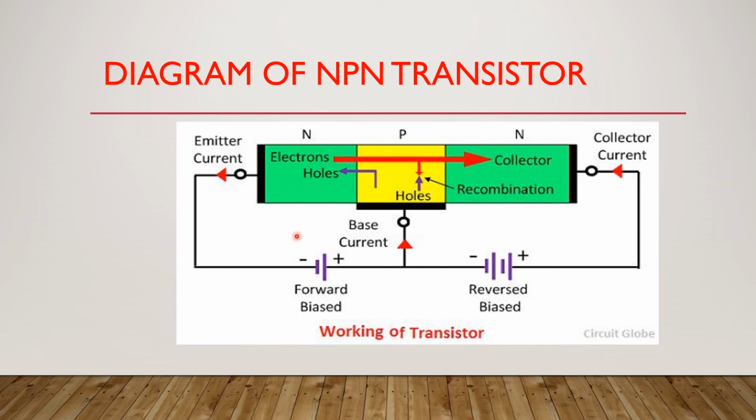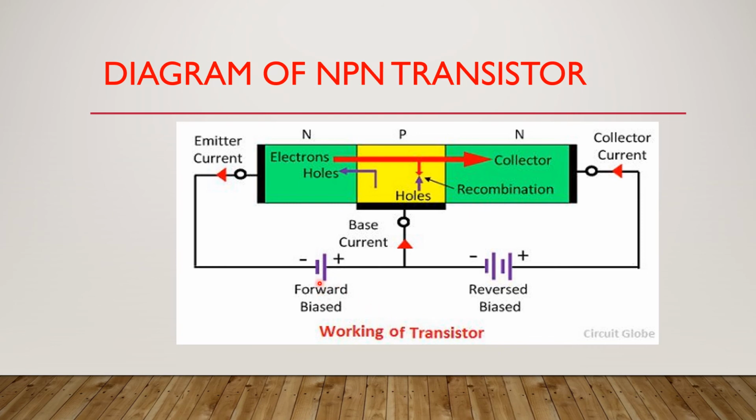To explain the working of NPN transistor, we first bias the transistor. The emitter and base junction is forward biased, and base and collector junction should be reverse biased. In this way, we bias the transistor in active region.